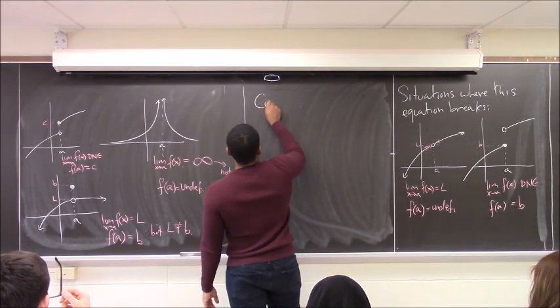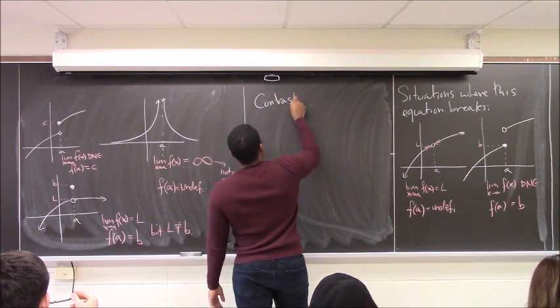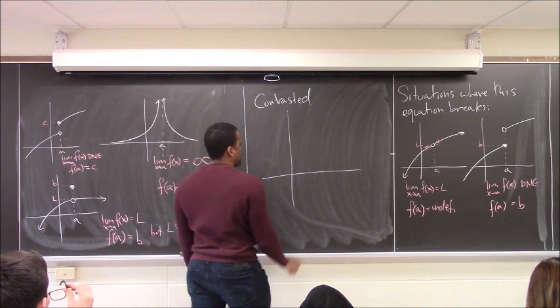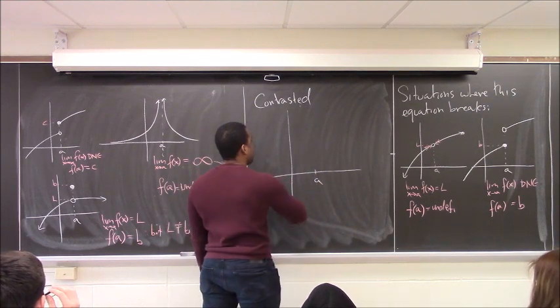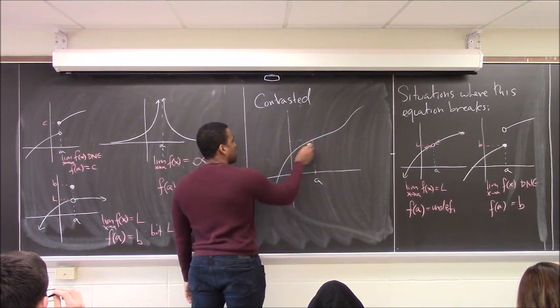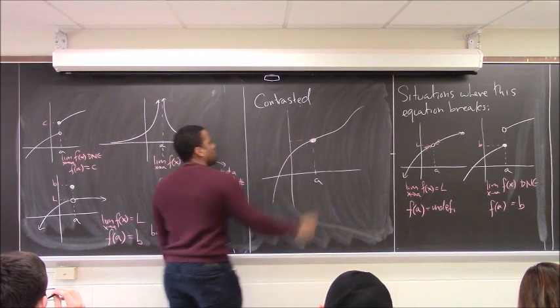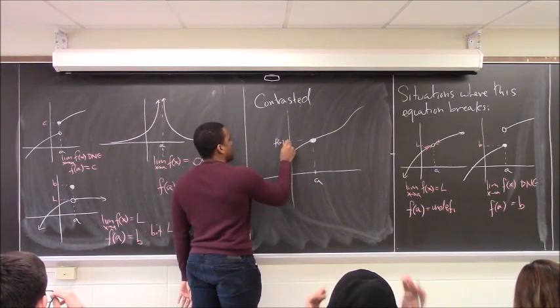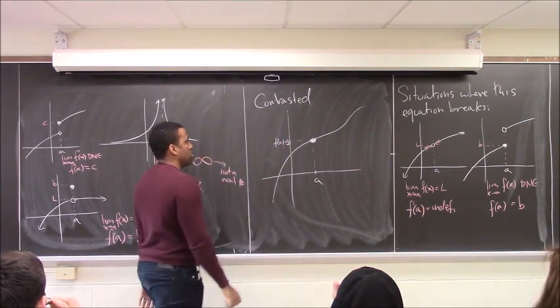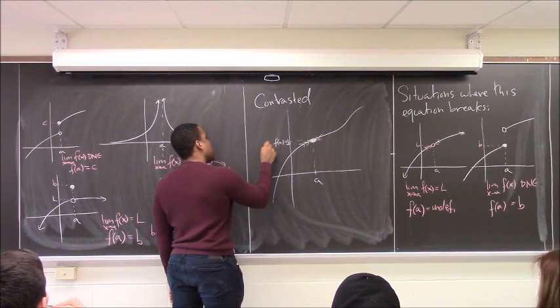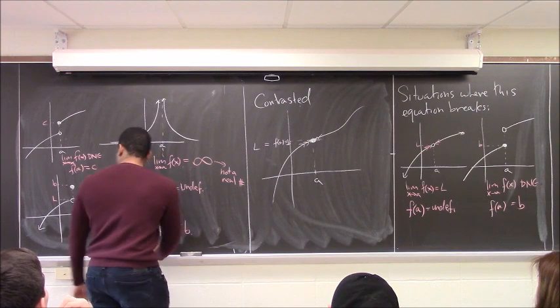As contrasted with, if you look at this, what would it look like if you could continually just draw something, right? Here's a point A, but you don't really have to worry about it. You're going to just draw the function passing through that point, right? And let's say f of A is some value equals to B, but it turns out the limit as you approach that will also give you the exact same y value.